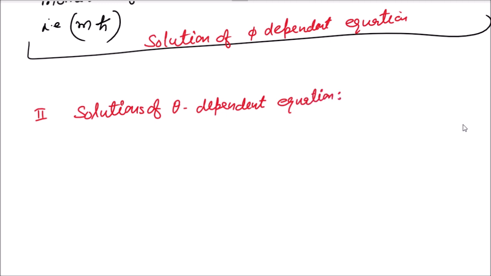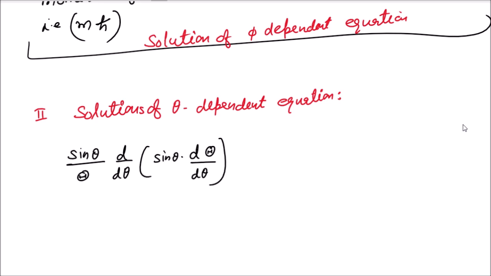You know that we have already discussed this in the rigid rotor, but the equation was sin theta upon function of theta d by d theta of sin theta d function of theta, plus a sin square theta, equal to m square.